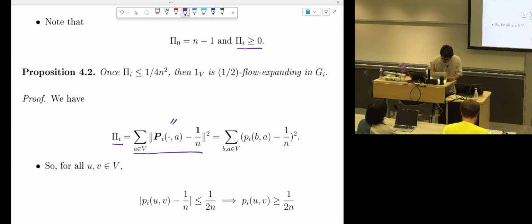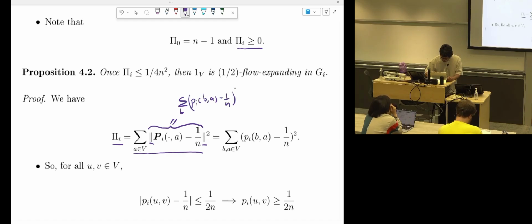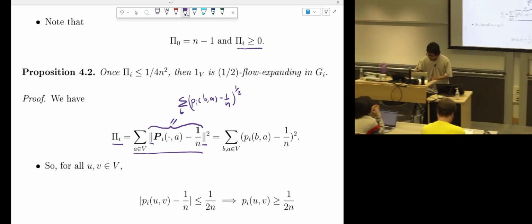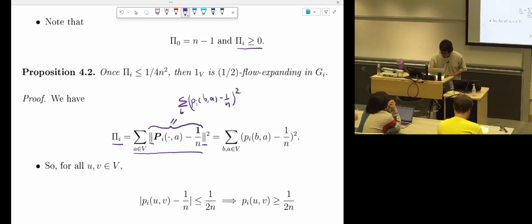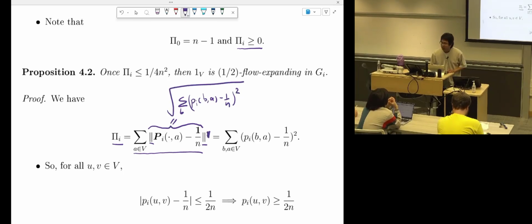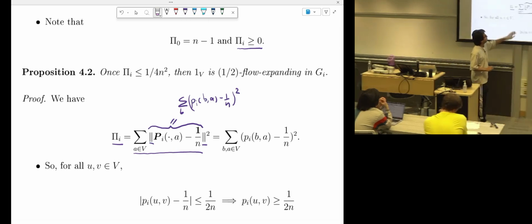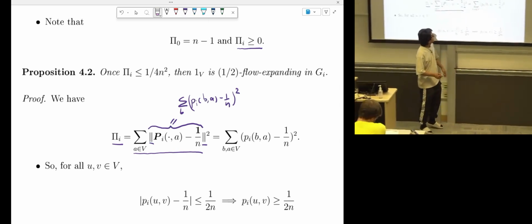Because this norm squared is just the 2-norm squared.